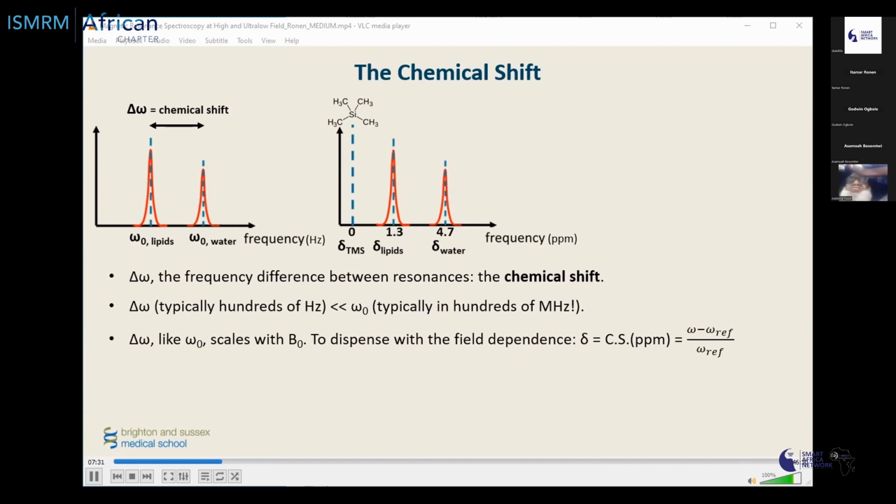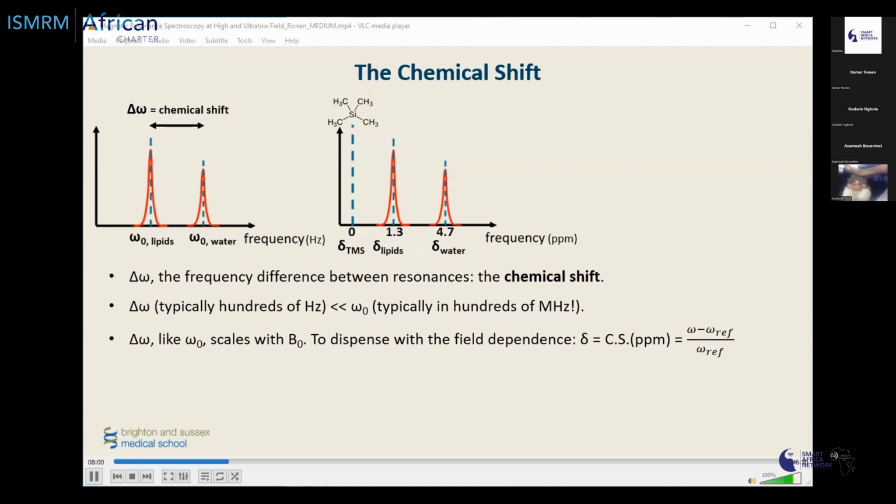The reference frequency chosen for us by chemists, who introduced this scaling factor in the 1950s, is that of the least shielded molecule known to them at that time. This is a molecule called tetramethylsilane, and it was considered to give a good reference for all other resonances that are typically less and less shielded depending on where they are in the molecule.